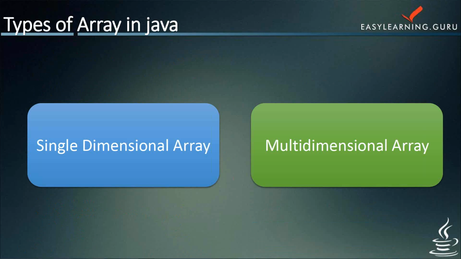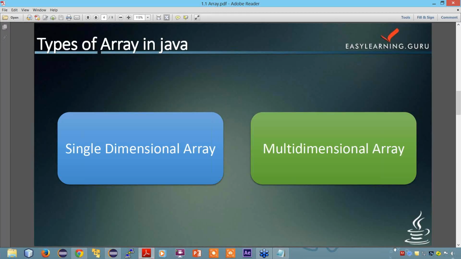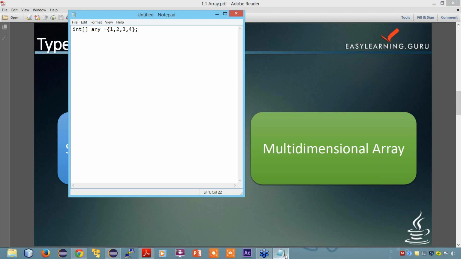For the single dimension array, we've already discussed it, but I'll take this once again. How do we declare an array? To declare the array, we have to write the type, the variable name, and the square brackets, and then we have to allocate the space for these elements.